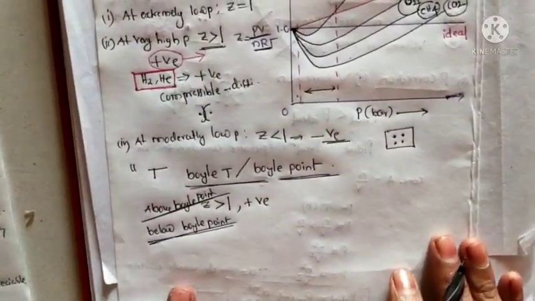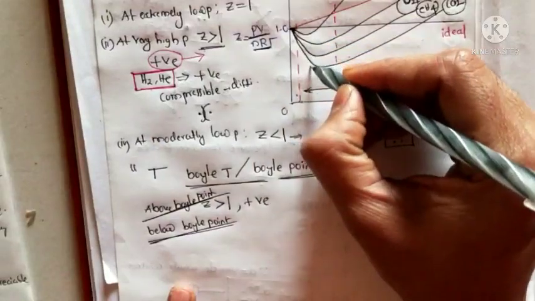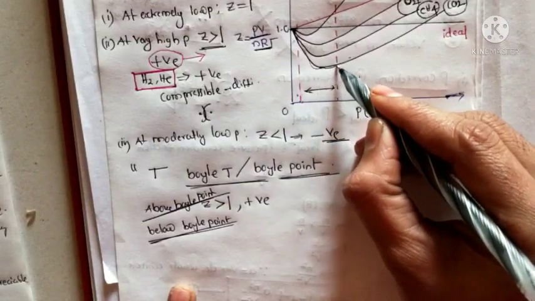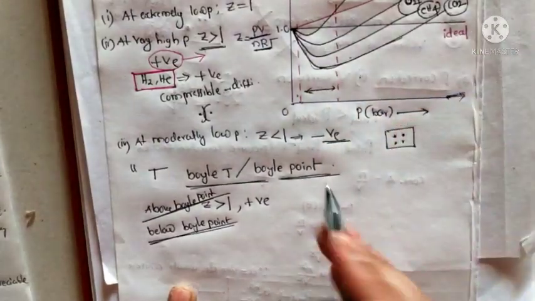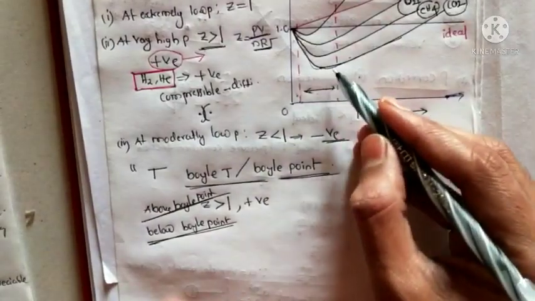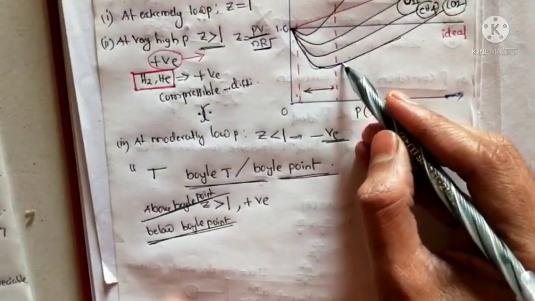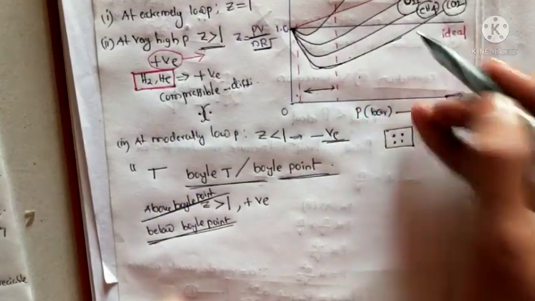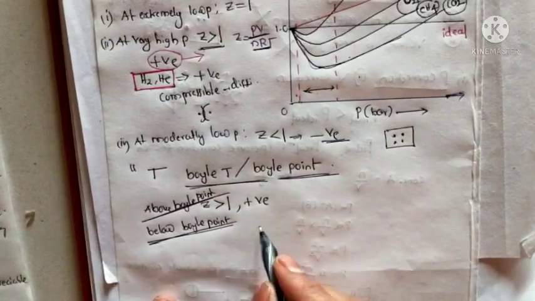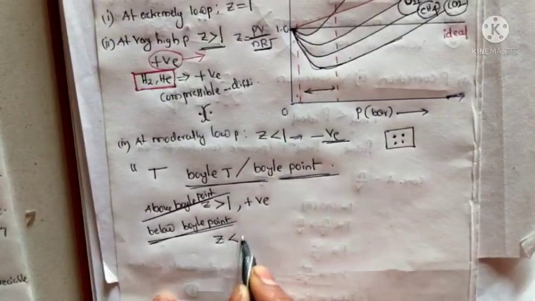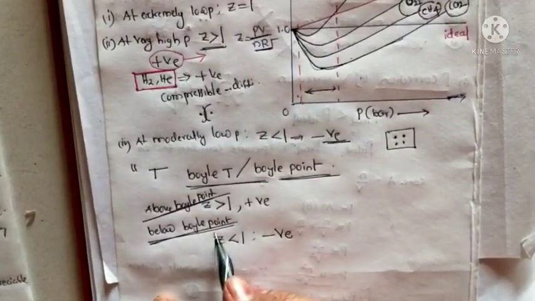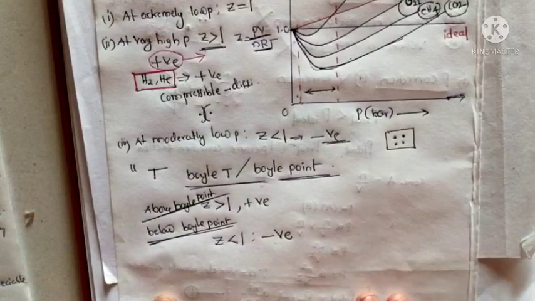The Z value gradually decreases and reaches a minimum, and after that, as the pressure increases, the Z value increases. So real gases show Z less than 1, that's why below the Boyle point, gases show the negative deviation.